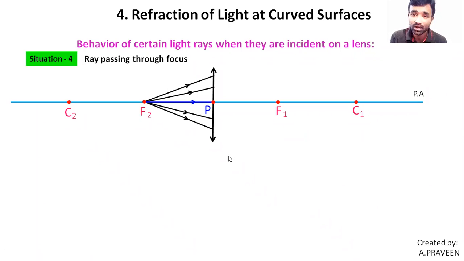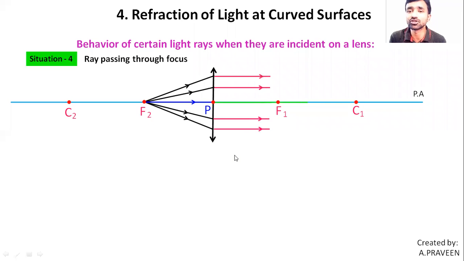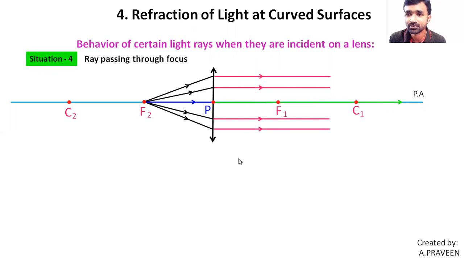See here. After refraction, they become parallel to the principal axis. This is the generalization. It is the situation 3 conversion actually. They become parallel after refraction if a light ray passes through the focus of a double convex lens.